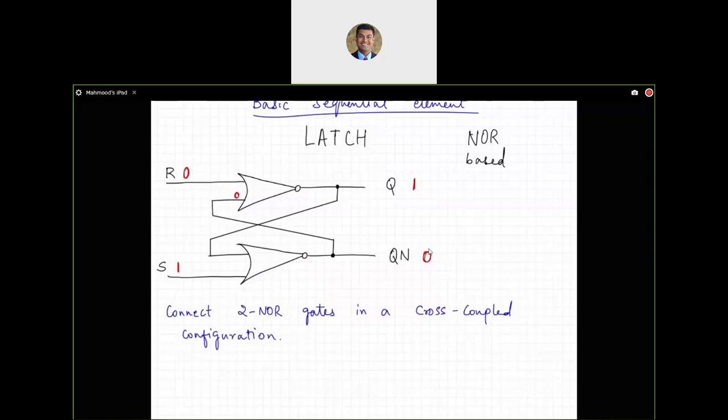Now, if we want to see whether we can memorize these outputs as 1 and 0, if you want to claim that this is memory, we have to be able to change the input and still not change the output. So even if you change the input, if the output remains as is, then we can claim that we have some sort of memory implemented in this latch. Remember what our memory state was?